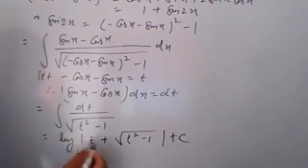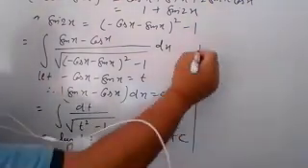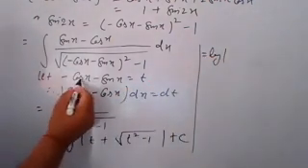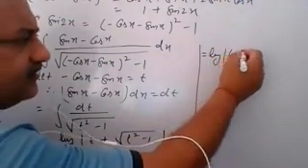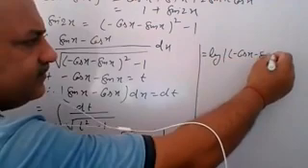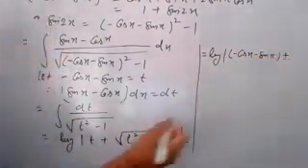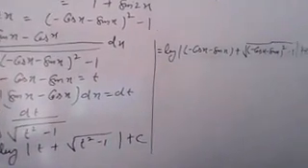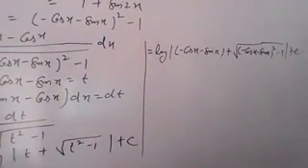Now putting the value of t, that is your answer. So you have log of minus cos x minus sin x plus under root of (minus cos x minus sin x) whole square minus 1, plus c. You can write in this way.